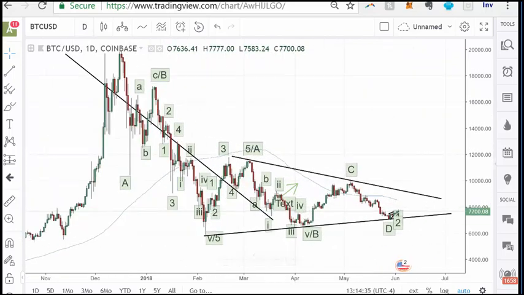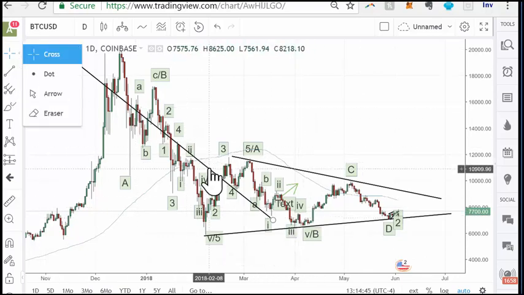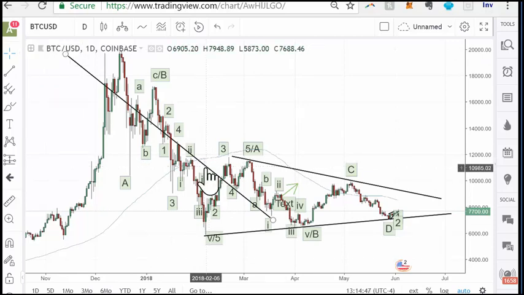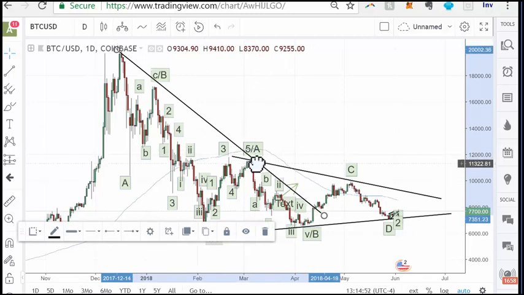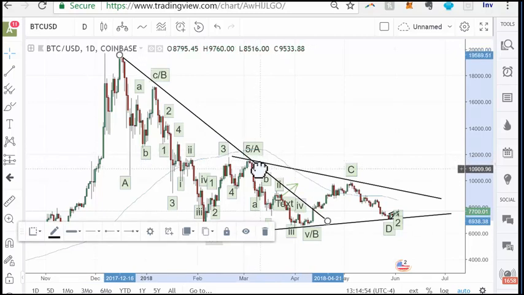If you zoom out, why did I say that 7,500 region? Because that's the backtest region. Take this downtrend line. It's a little bit off here, but if we move it to this channel, the exact area that it broke out was around that 7,400, 7,500 region.